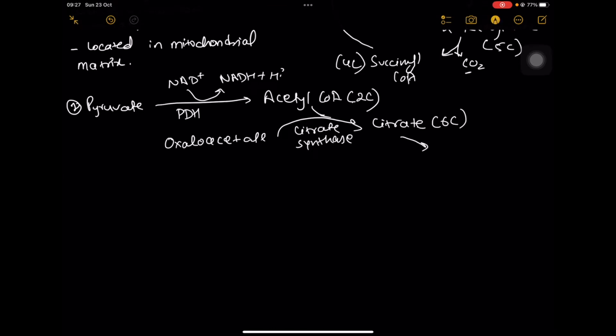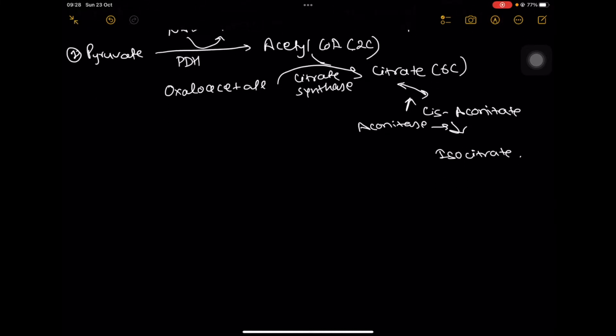This step is reversible, and citrate is converted into cis-aconitate, and this is converted into isocitrate by the enzyme aconitase. This enzyme acts for both steps. Now a very important step that we have to know is isocitrate being converted into alpha-ketoglutarate.